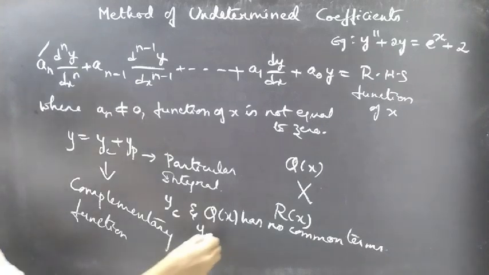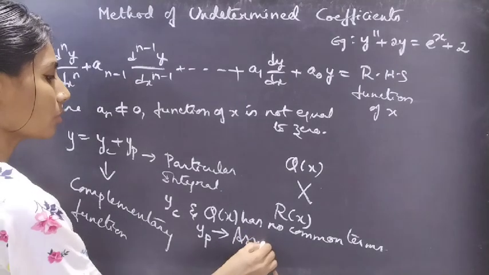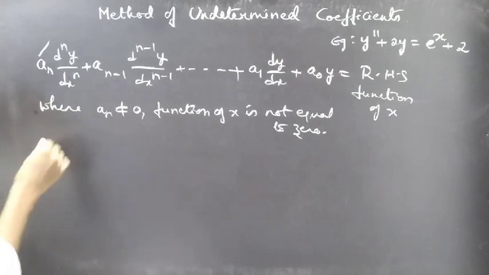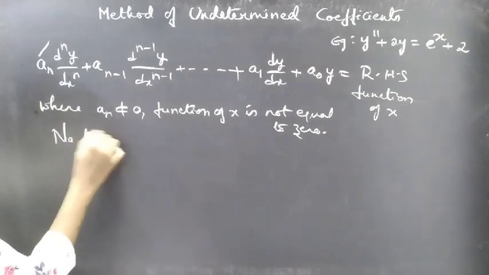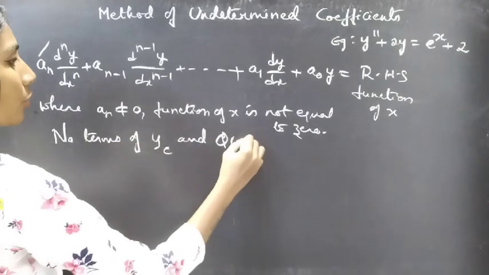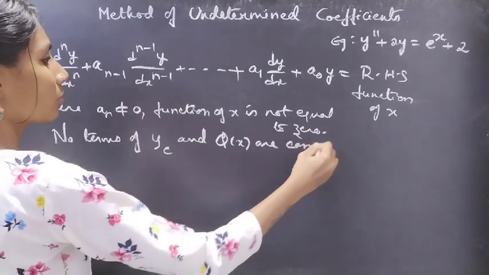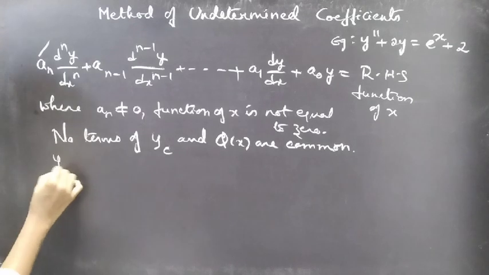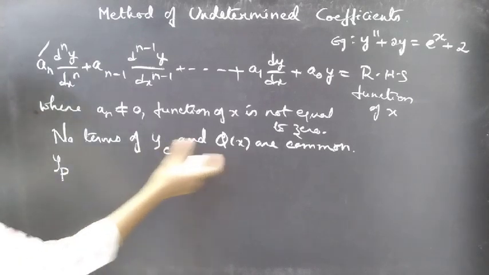We'll make a trial and assume yp with the help of q of x and yc. If no terms of yc and q of x are common, then we have to choose yp based on yc and q of x.